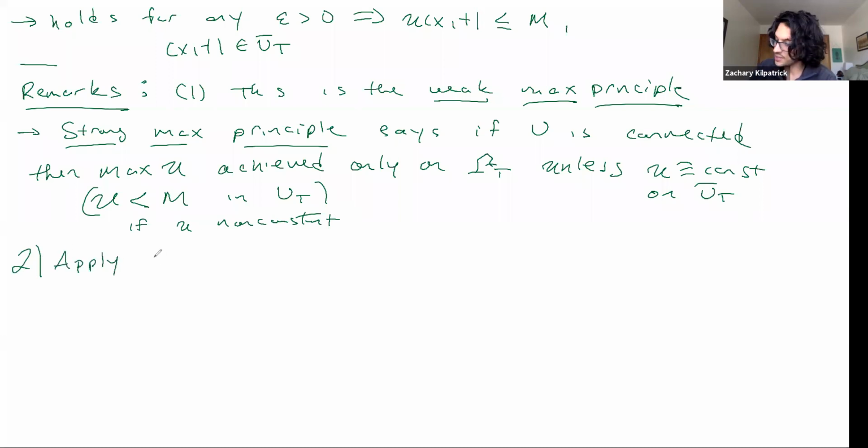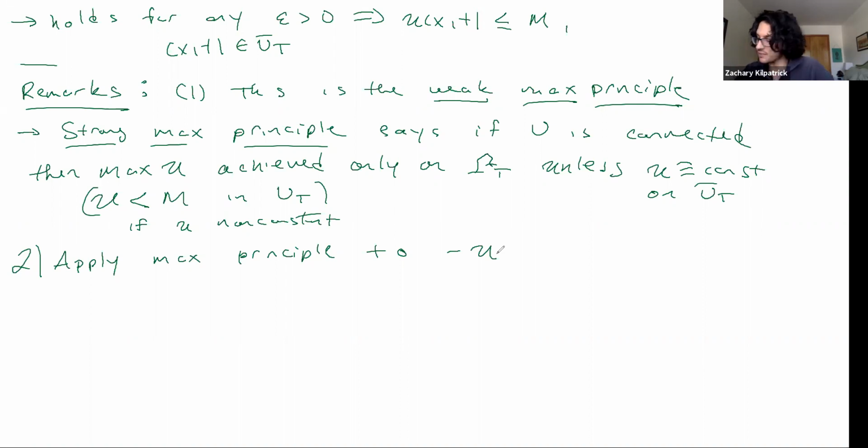Another remark I'll make is that we can always apply the max principle to minus U. If you write down the corresponding PDE for minus U, if U satisfies the heat equation, minus U also satisfies the heat equation. So because of that, the maximum of minus U also satisfies the maximum principle.